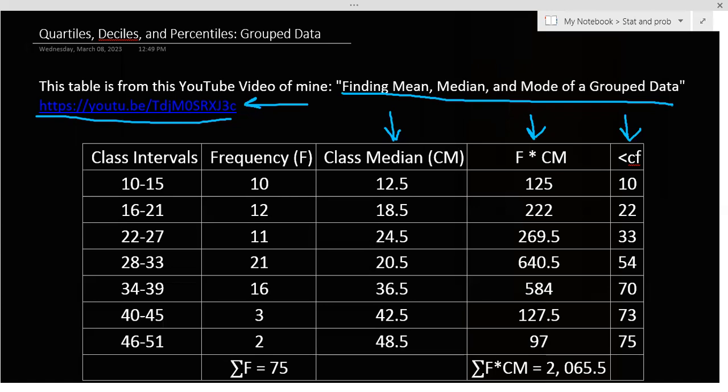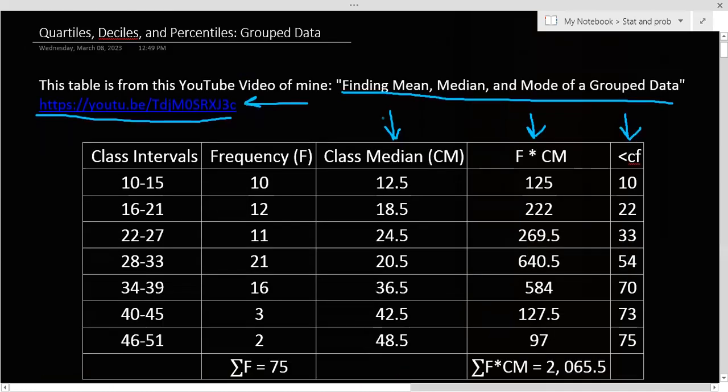At saka guys, basic to actually, because without learning this one, you cannot proceed to quartiles, deciles, and percentiles kasi mahihirapan kayo. So dito, if you don't know how to get the class median, F times the class median, and cumulative frequency, panoorin nyo yan.